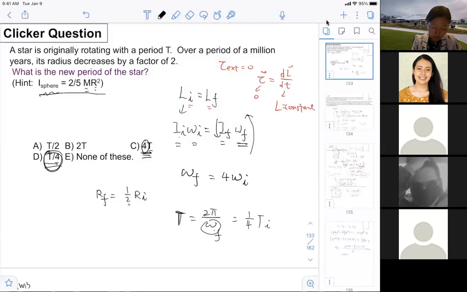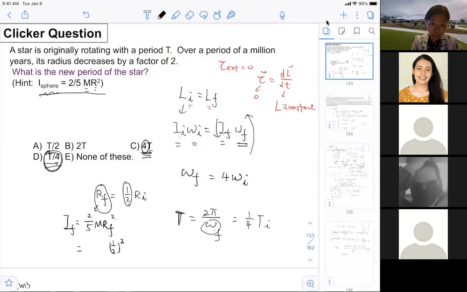Yeah, so you know how we put our 1/2 radius into the equation for the inertia of the sphere? Right, so I is 2/5 mr squared. So if the radius is becoming 1/2, then this is 1/2 squared.